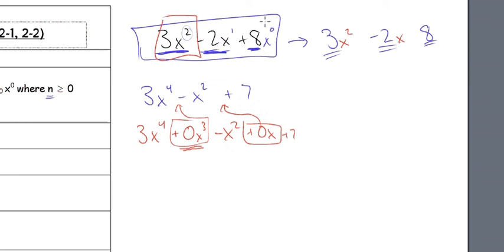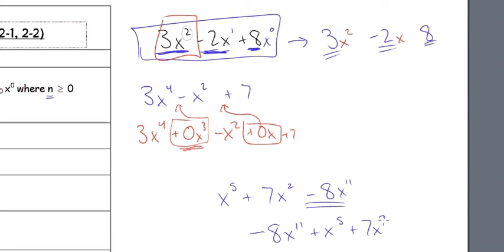And if we were to have an expression where maybe we had them written out of order, and so x to the 5th plus 7x squared minus 8x to the 11th, then we would reorder these because our leading term really is the -8x to the 11th plus x to the 5th plus 7x squared.